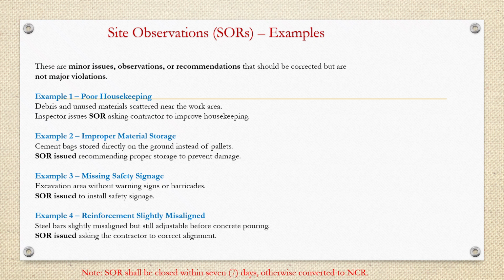Inspector issues SOR asking contractor to improve housekeeping. Example number 2, improper material storage. Example number 3, missing safety signage. Example number 4, reinforcement slightly misaligned. Please note that SOR shall be closed within 7 days, otherwise converted to NCR.